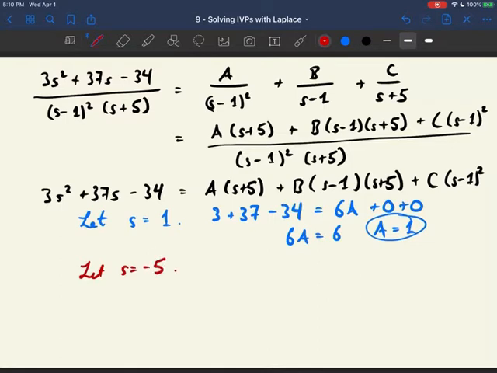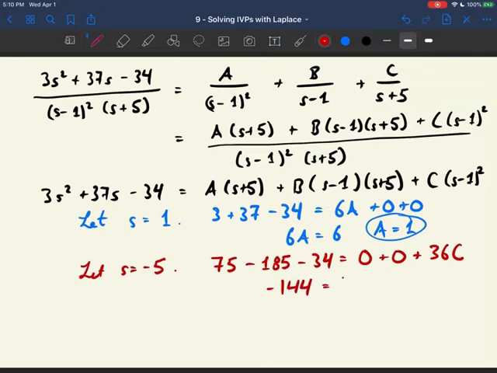Now let's try to let s equal -5. On the left-hand side, we get 75 minus 185 minus 34 equals 0 plus 0 plus 36c.